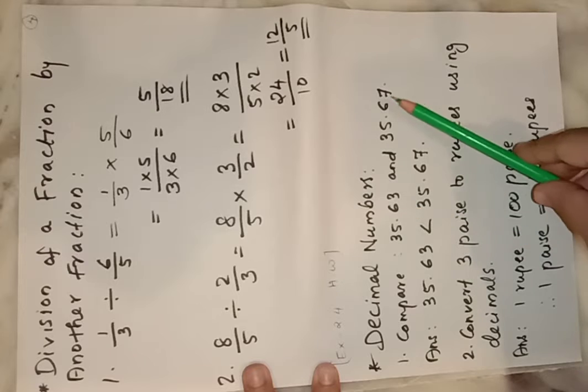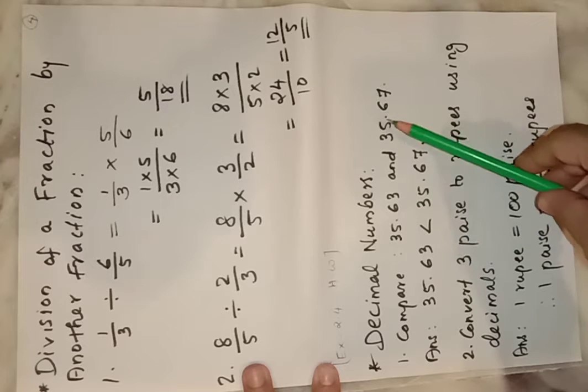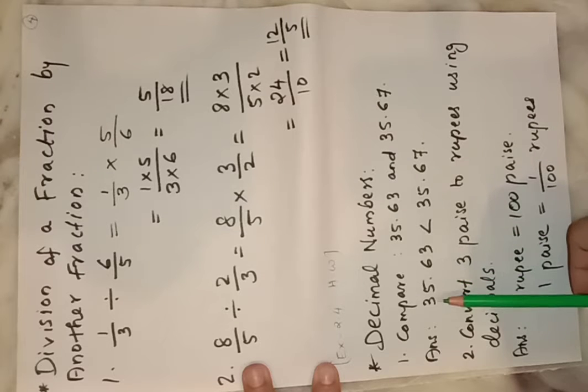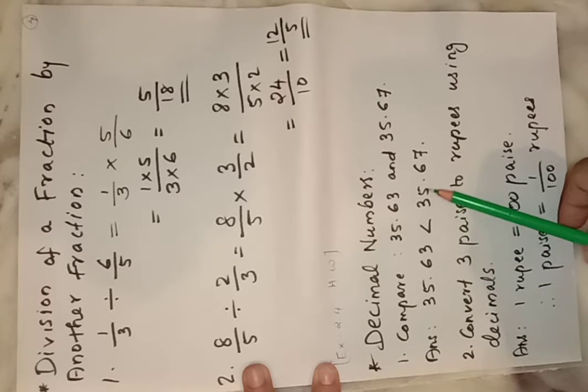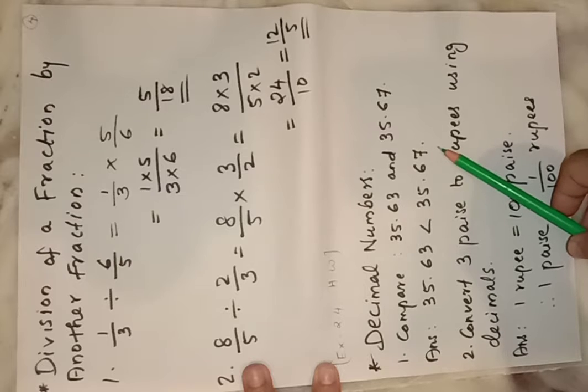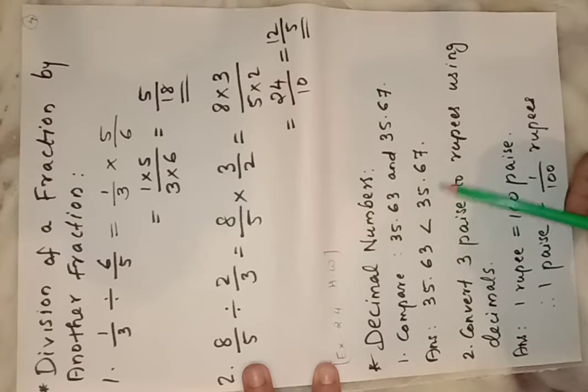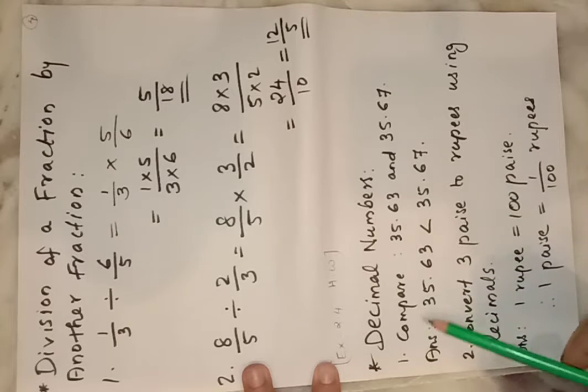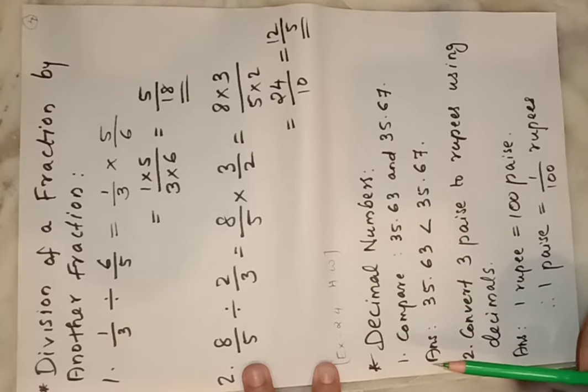Here it is 63 and here it is 67. So which is greater? 67 is greater. So you can write 35.63 is less than 35.67, or 35.67 is greater than 35.63. You already know how to compare decimal numbers.